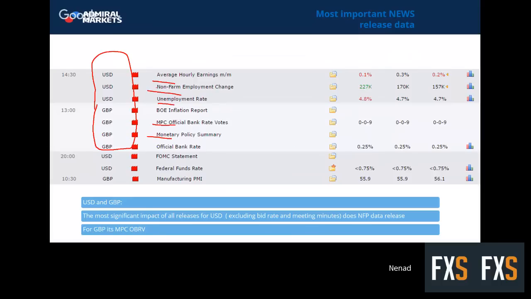Also, don't forget that NFP comes with the unemployment rate and average hourly earnings, so you need to take these three at the same time. For some traders, these results can be very confusing because, as you can see here, if NFP is good, like it was here, the unemployment rate can be slightly worse than expected, and average hourly earnings can also come in worse than expected.